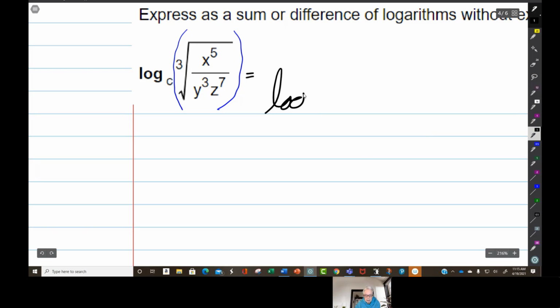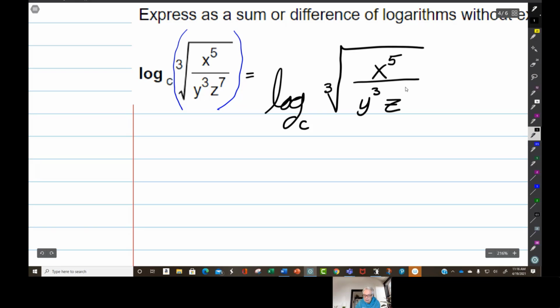This is log base c of the cube root of x to the 5th over y to the 3rd times z to the 7th.